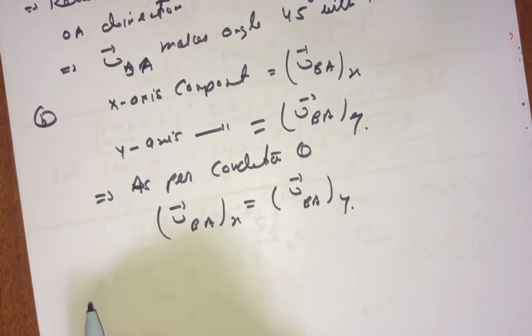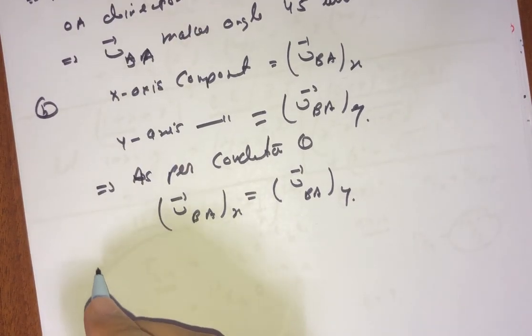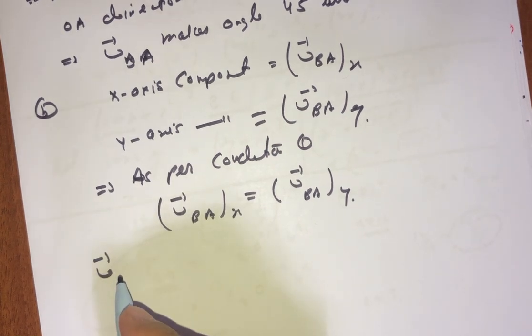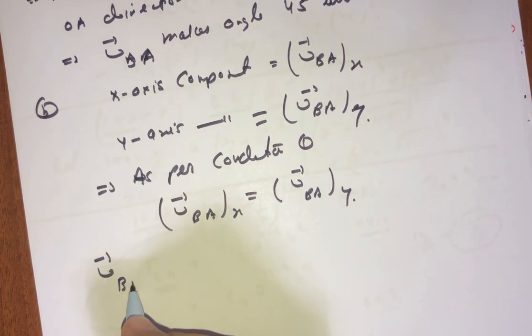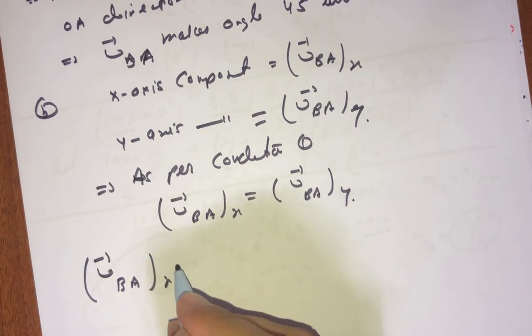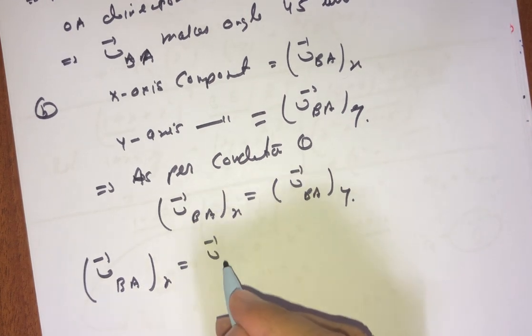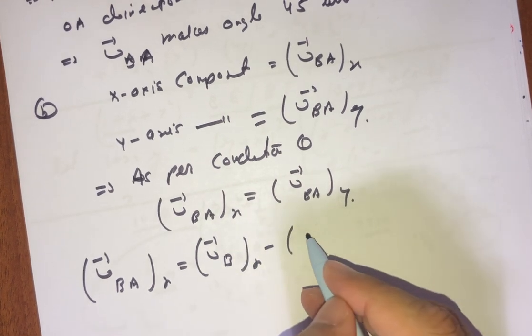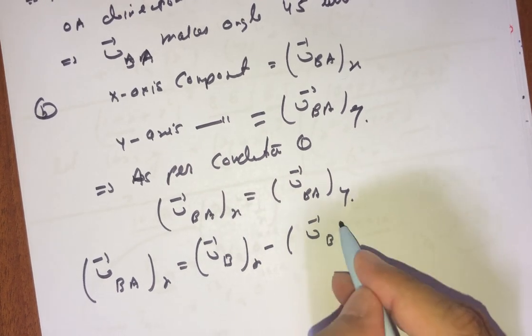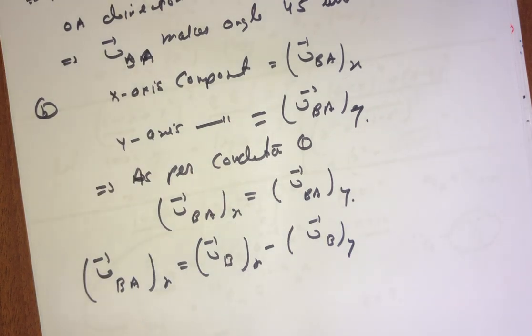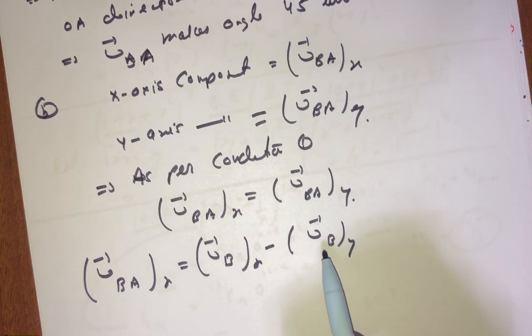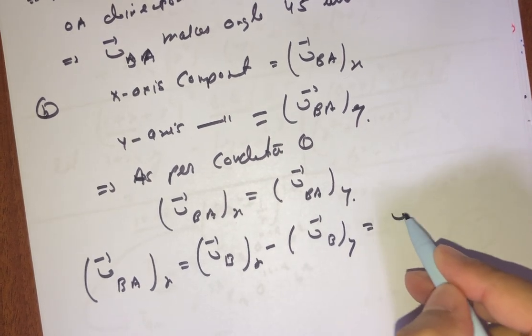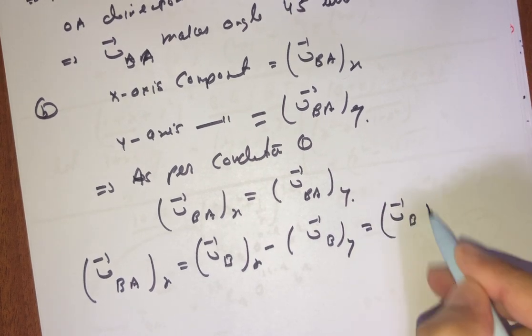Now, using the actual formula of relative velocity for both x and y, VBAx will be equal to the velocity of B with respect to ground in the x direction minus the velocity of A in the x direction. But the velocity of A in the x direction is 0, so this can be written as VBx.